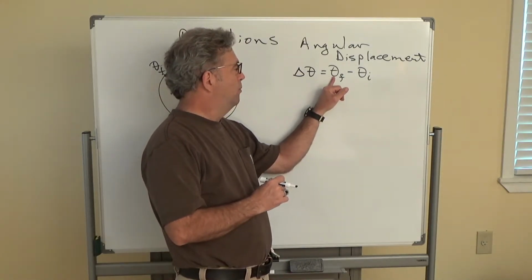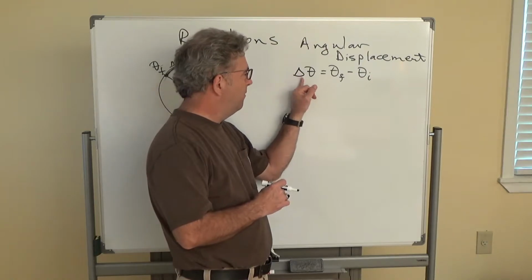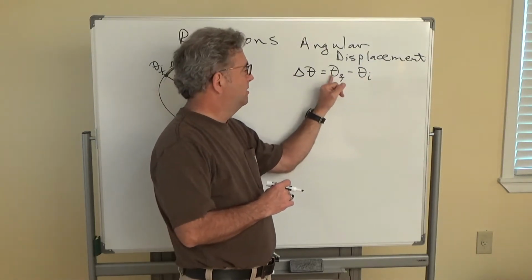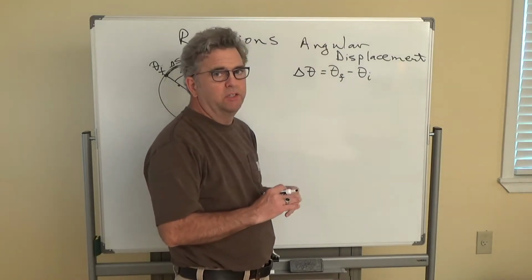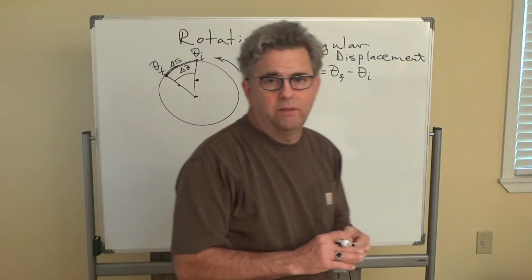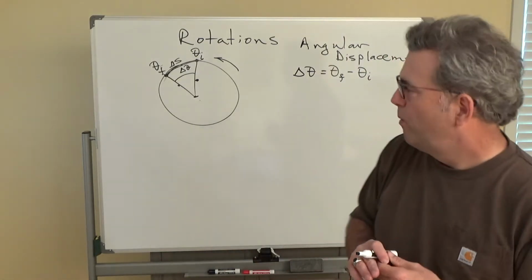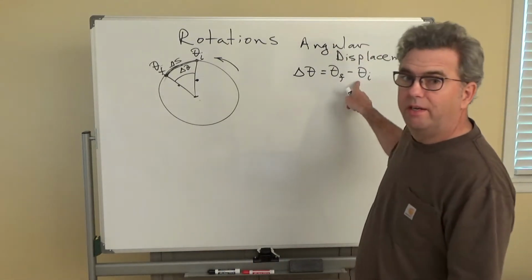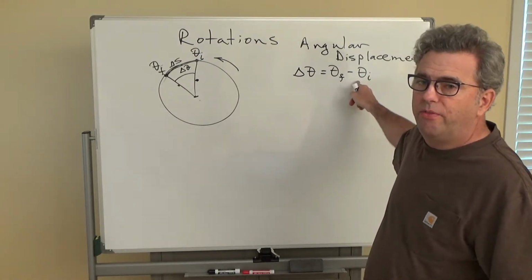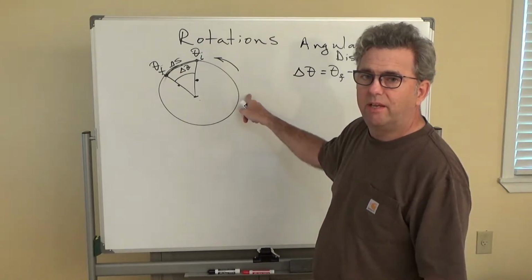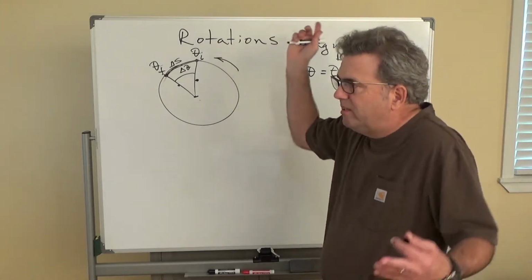When we had 1D motion, this was delta x, x final minus x initial. Now it's theta final minus theta initial. And just like we did with 1D linear motion, you pick where your theta initial is. Do you want to call it here on the x-axis like we always do, or some other place, it doesn't matter.